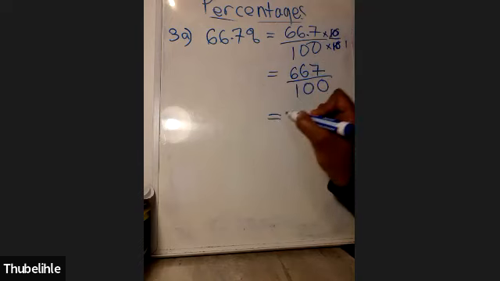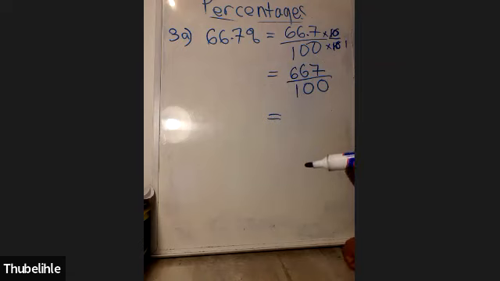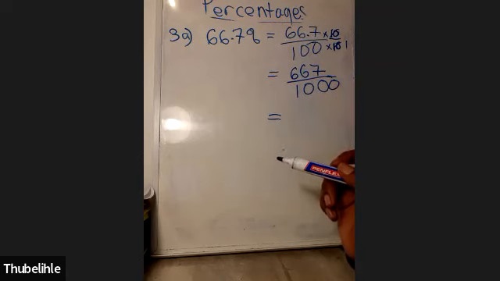So now you just basically have to find common factors. Oh, sorry, over 1,000, not 100. You have to find common factors between these two. I'm not sure if this is a multiple of 2. Let's see if it's a multiple of 3. It's not a multiple of 3. It's not a multiple of 4 either.